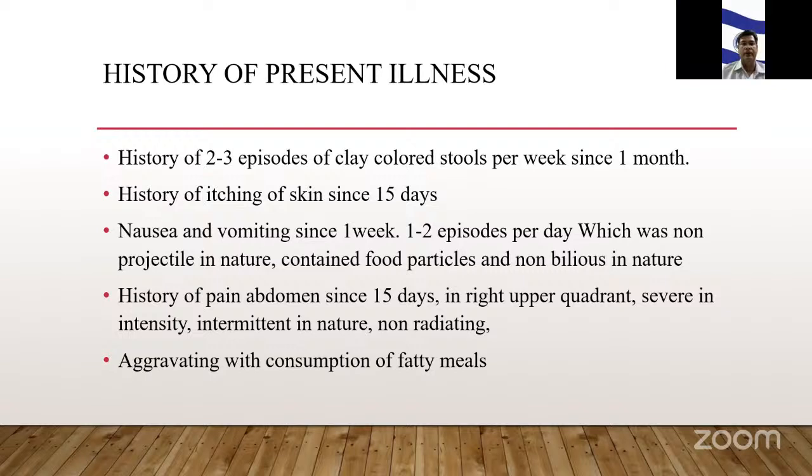Good. And you are telling about vomiting, containing food particles and non-bilious. Can you just quote an example for other types of vomiting, like content of vomitus? If it is projectile in nature, it can be raised ICP.